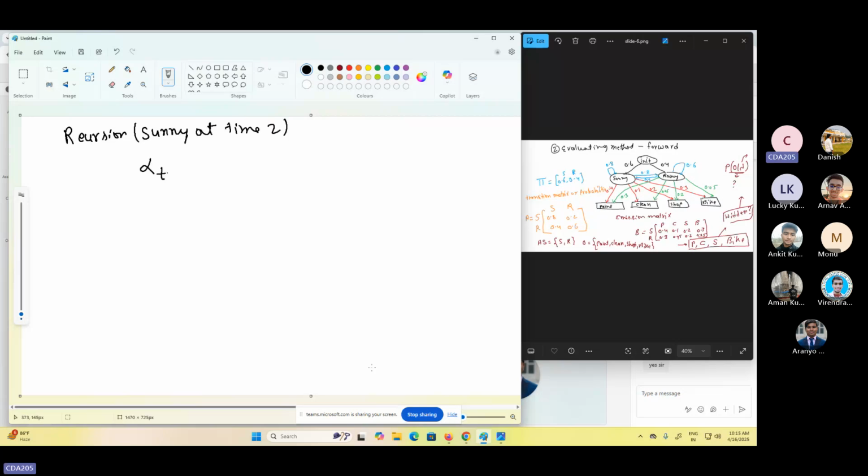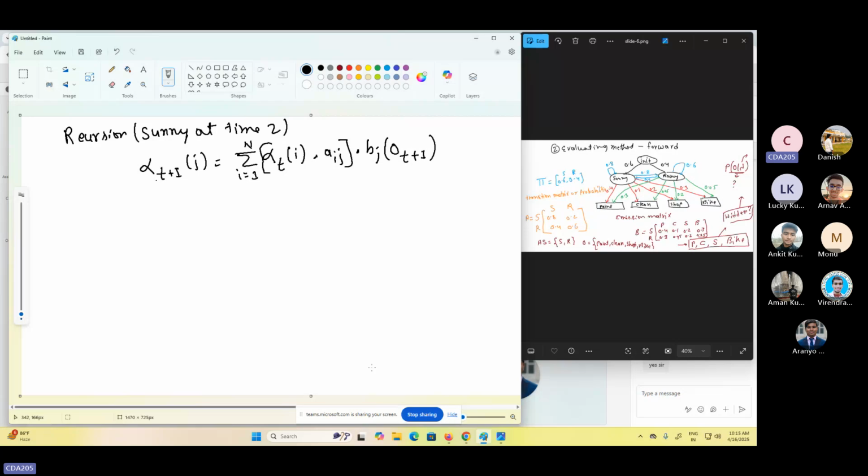So it is alpha t plus 1 of j, equal to the summation over i equal to 1 to n of alpha t of i into a_ij, into b_j of o_t plus 1.